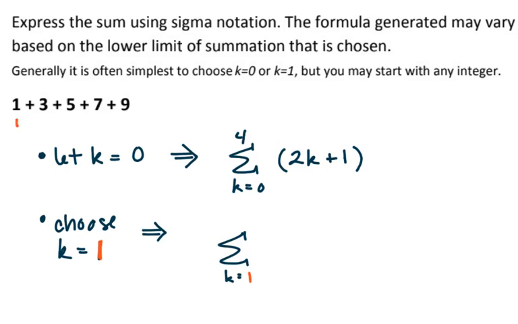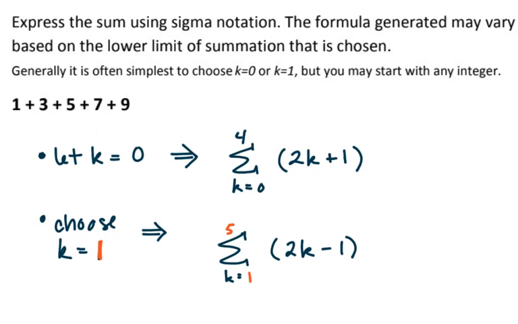And if this is my first, second, third, fourth, 9 would be my fifth term. So what would my formula be that would give me 1 for my first term here? And this changes my formula a little bit for my nth term or my kth term. This would be 2k minus 1.